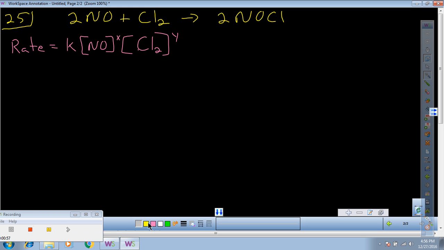If I look at my first 2 experiments, if I look at experiment 2 and compare that to experiment 1, I see my chlorine changes and my nitrogen monoxide does not. So let's start with that. The rate of these 2, I'm given the rates. I'm told that this is 0.36 and this is 0.18.